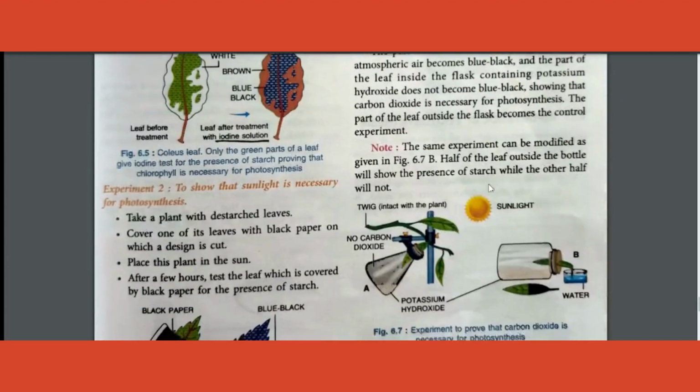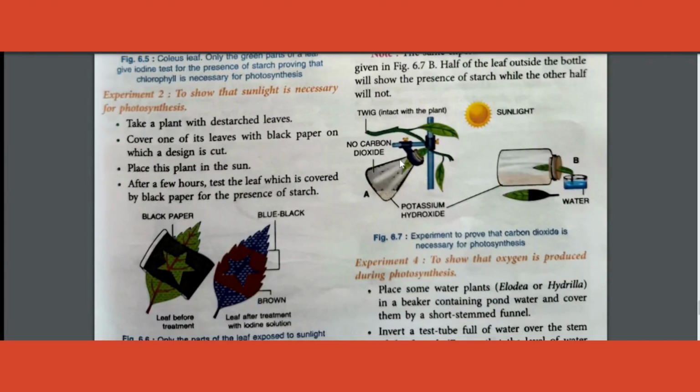After that, what we do is we take a conical flask inside which potassium hydroxide is present. What is so special about potassium hydroxide is, it has the ability to absorb carbon dioxide. Then into that we are inserting half part of one leaf, tightly corked so that no other carbon dioxide from outside can enter inside. So we have created one leaf part where carbon dioxide is not accessible to it.